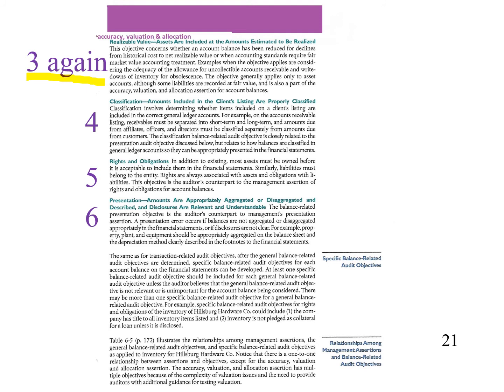Remember, we record accounts receivable less allowance for doubtful accounts, and that's called net realizable value. That's a valuation account. Similarly, we record inventory at the lower of cost or net realizable value. So that's a valuation. If we use FIFO, we report inventory at the lower of cost or market. That's another valuation. Classification, rights and obligation, presentation. So study those 6 paragraphs and know them well. I think the book does a really good job of describing those.